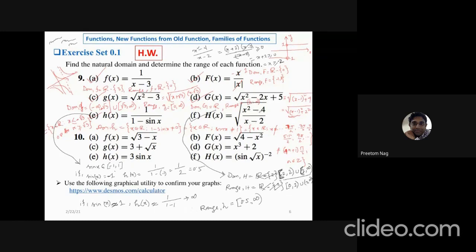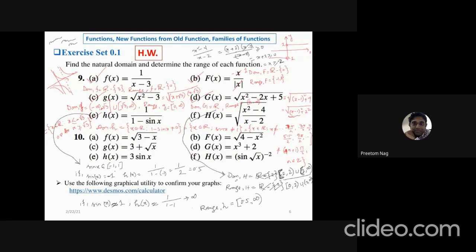So if 4 cannot be an output, then square root of 4 is 2, and 2 cannot be considered as an output. That's why the range is 0 to 2 union 2 to infinity, where 2 is excluded. Okay, is it okay for everyone? Yes, sir. It's a little bit tricky, a little complicated, but this is the answer.